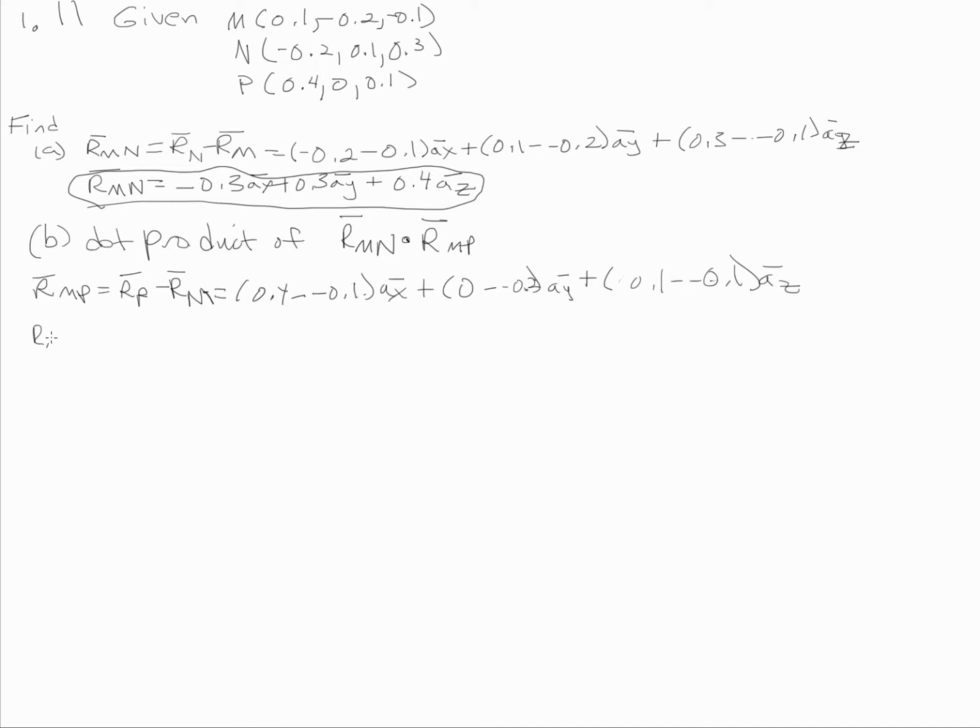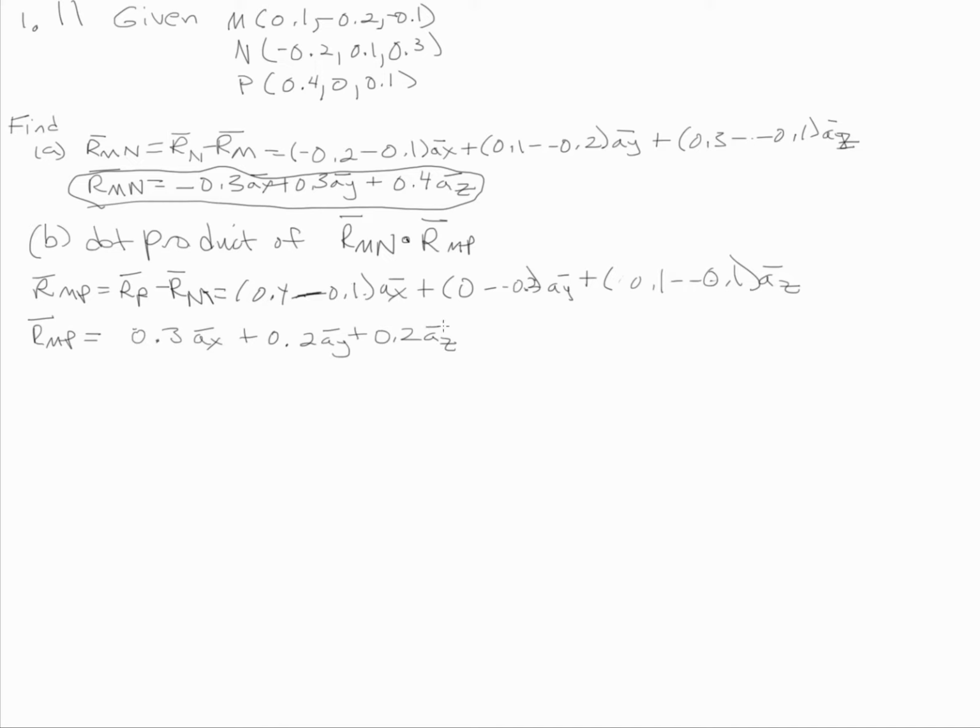So R_MP is going to be equal to, oops, this is not a minus 0.1, 0.3 Ax plus 0.2 Ay and plus 0.2 Az.